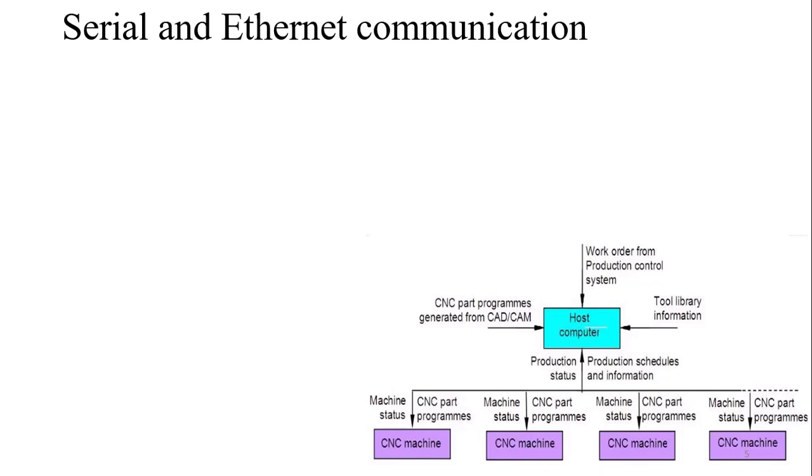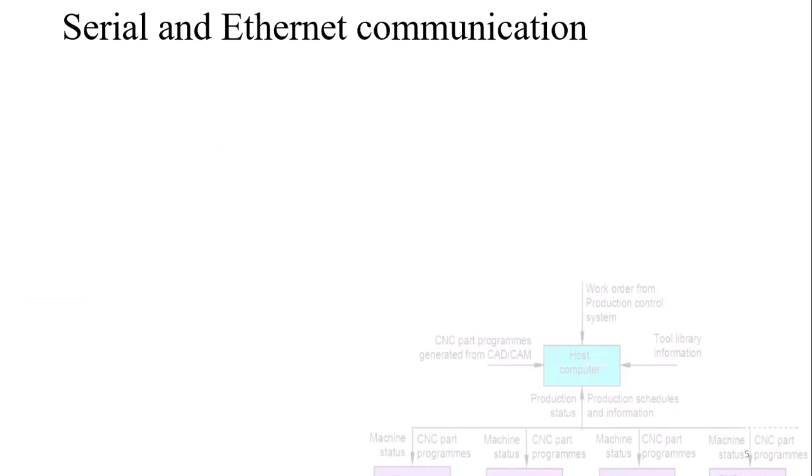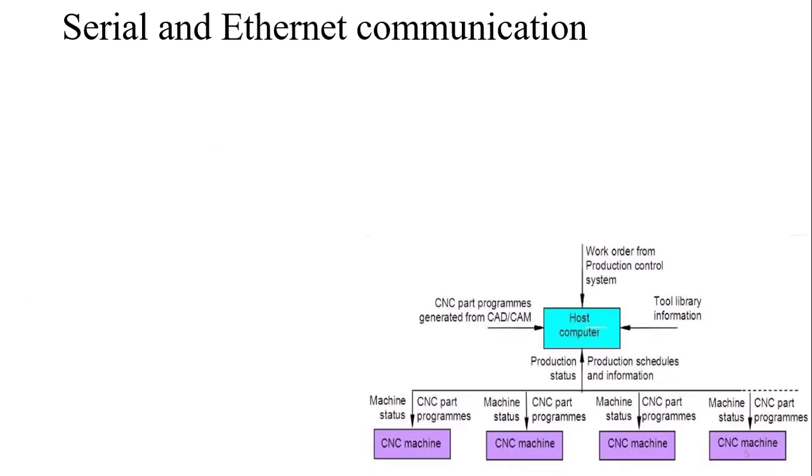So it is one wire which takes the data from your host computer to the CNC, and then brings the feedback back to the host computer. This is the main difference between serial and Ethernet communication. We are not going into the depth of these things, but serial communication takes two wires to transfer data and bring data back, and in Ethernet communication we have only one wire for the communication.